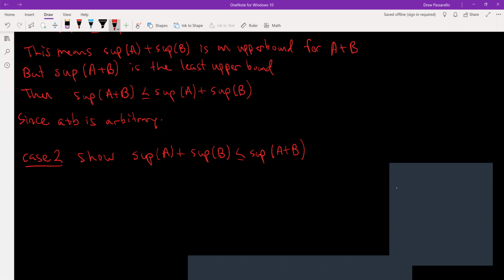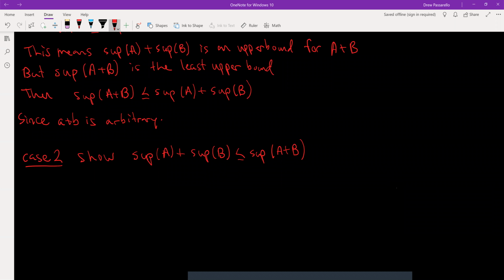So we're going to let a be an arbitrary element, let a in capital A be an arbitrary element.